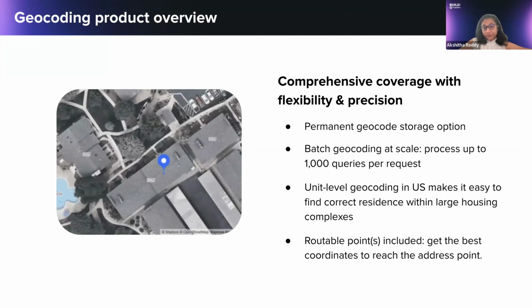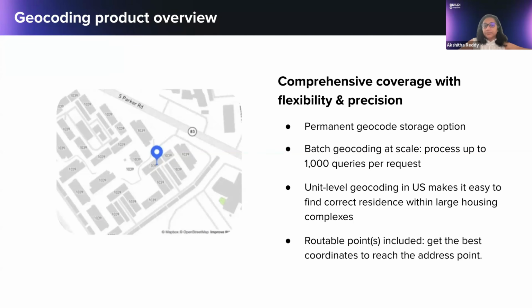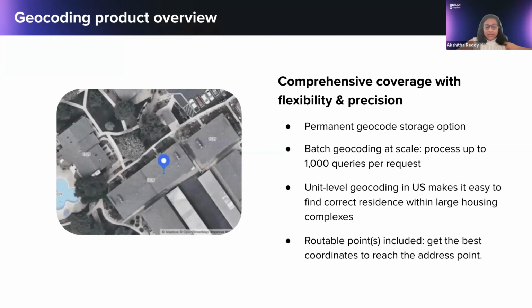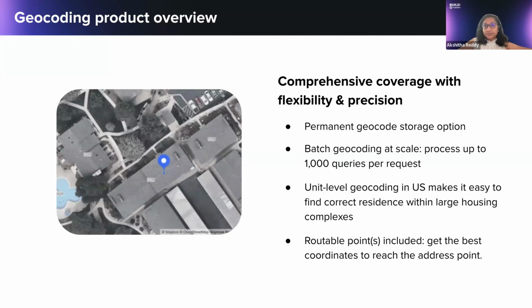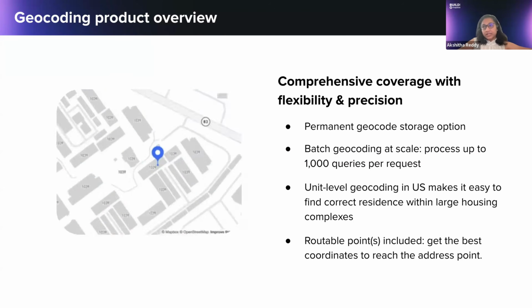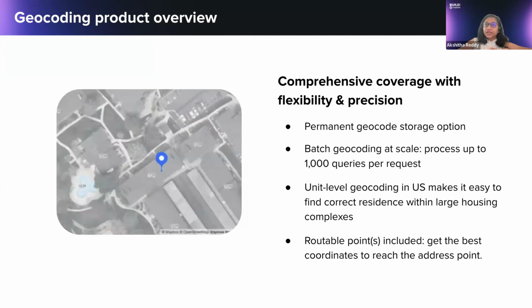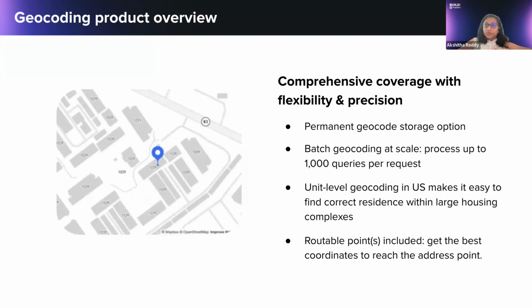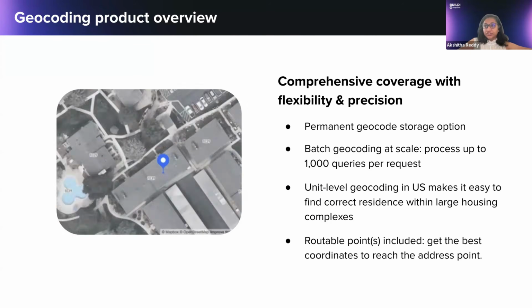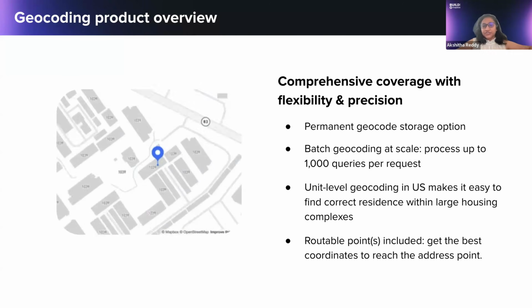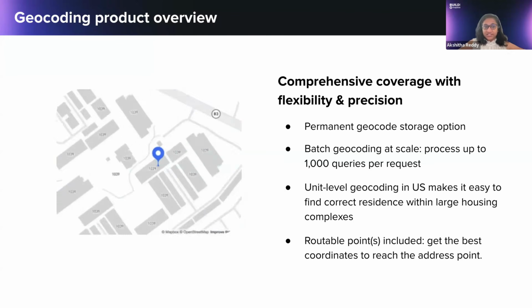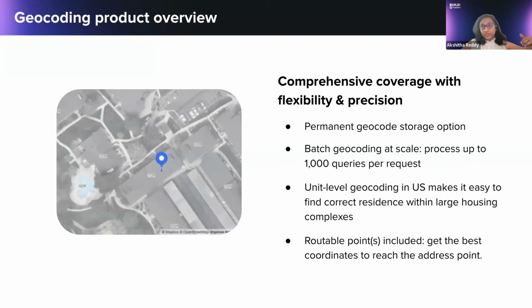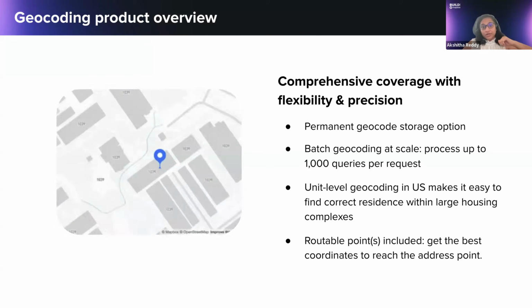There are two new features that we've added within the product, which is unit level geocoding. Right now, this is only in the US, but we will be expanding to all other countries. Why do you need unit level geocoding? It's for when you have large housing complexes with multiple units spread across a huge area.